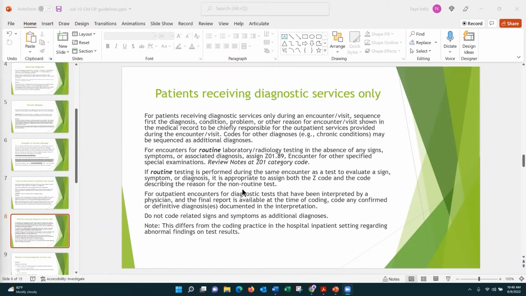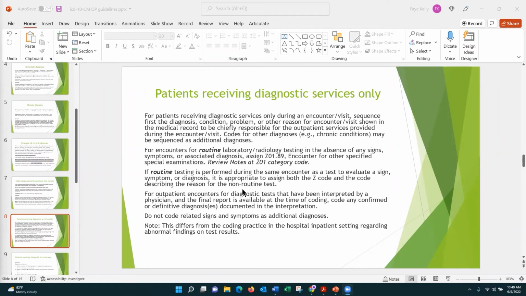So for example, if that patient comes in for a chest x-ray and there's no documented reason, and then we have a urinalysis testing because of urinary tract infection, then we can code the urinary tract infection because that is a documented diagnosis.